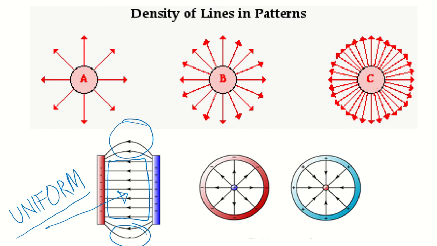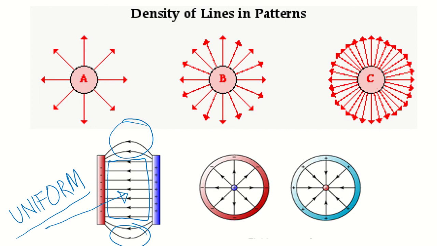So we can have the electric field lines wherever there are charges, and we can define the field strength according to the density of the electric field lines. Now the thing is, we cannot see the electric field lines.